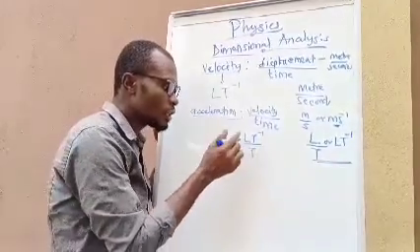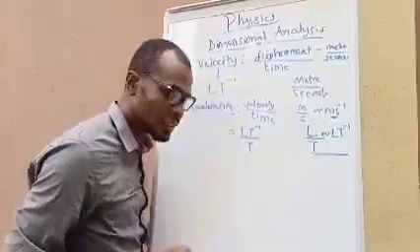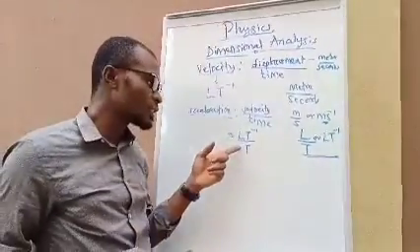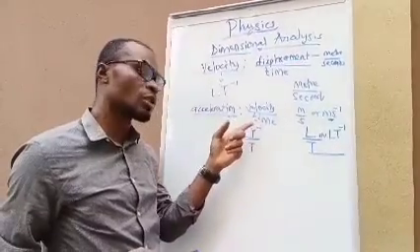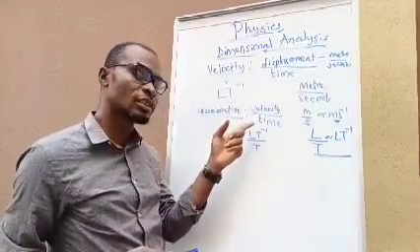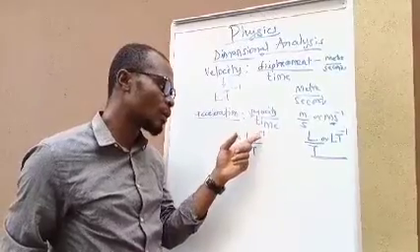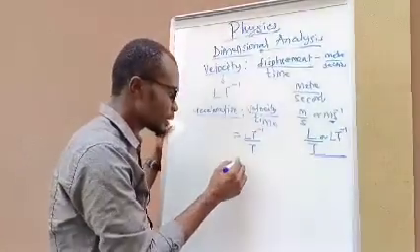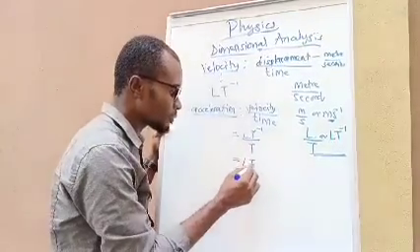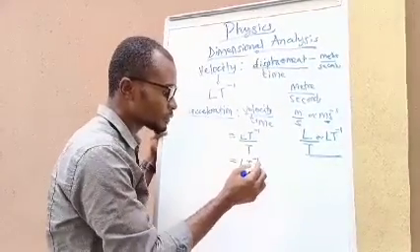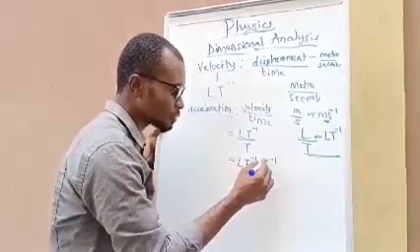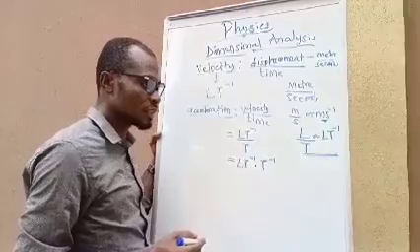So, from the laws of indices in mathematics, you have to be very careful with this. From the laws of indices, when this comes up, it takes a minus sign, to the power of -1. So this becomes LT^-1 multiplied by T^-1. Can you see that?